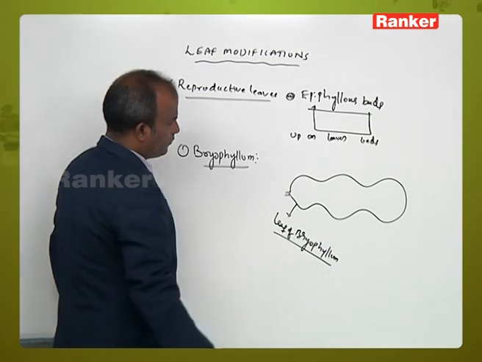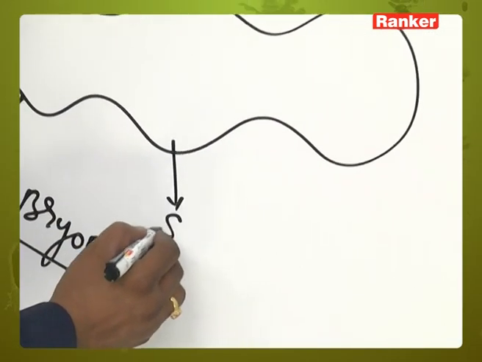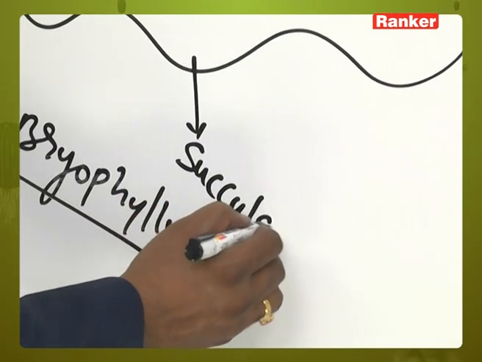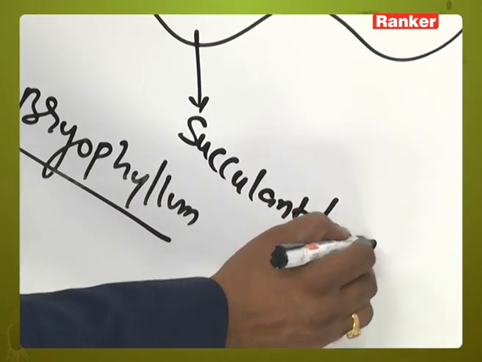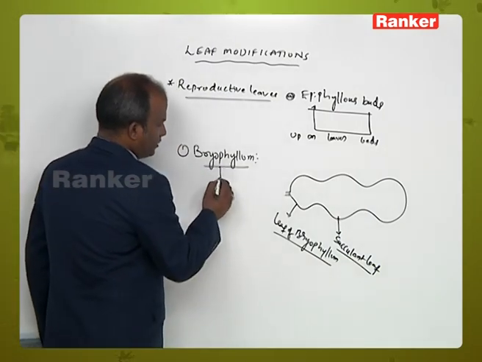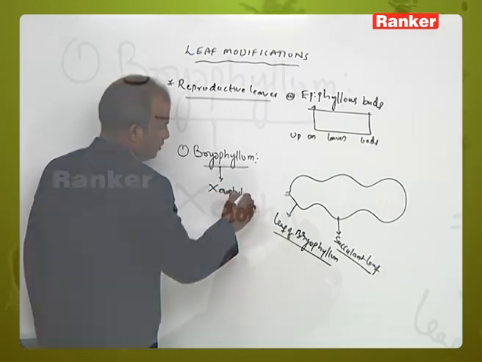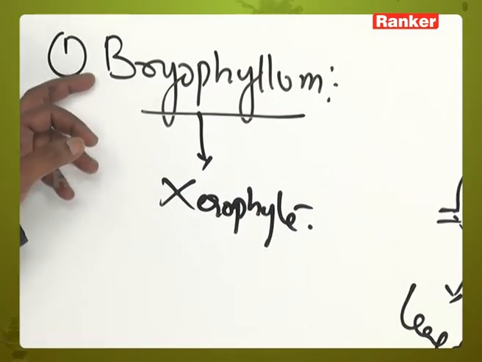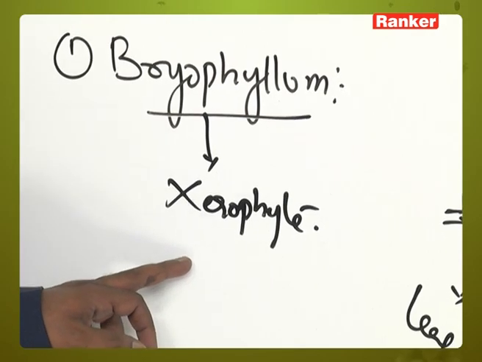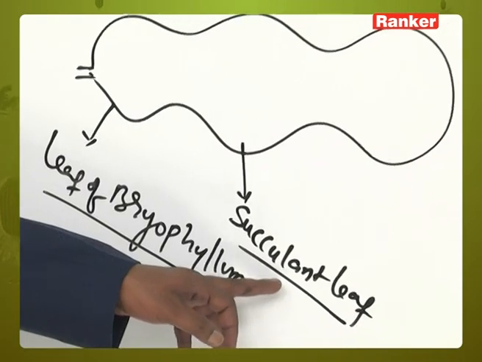Is this one of the succulent leaves? Yes, it is. Is Bryophyllum a xerophyte? Yes, Bryophyllum is a xerophyte, so the leaf of Bryophyllum is a good example of a succulent leaf.